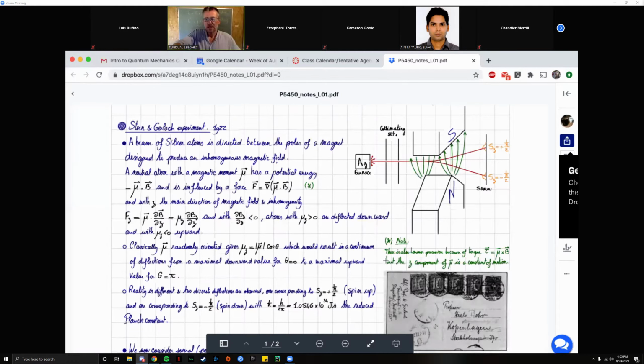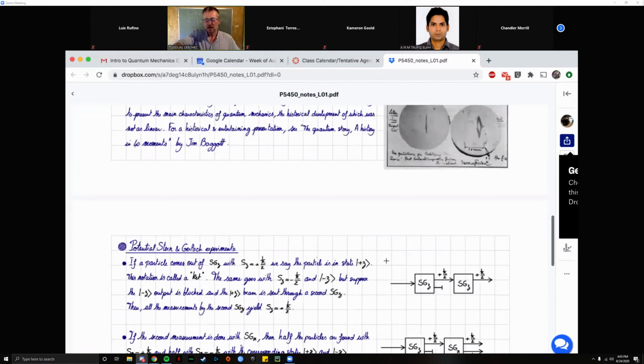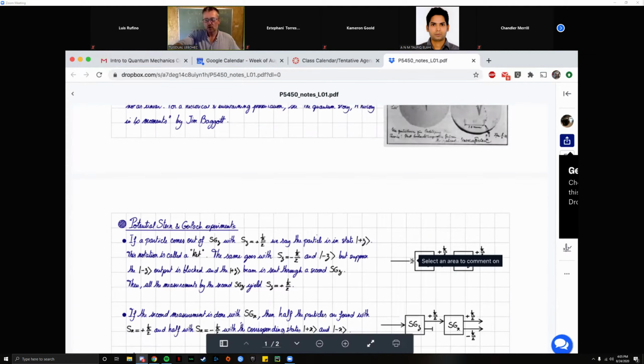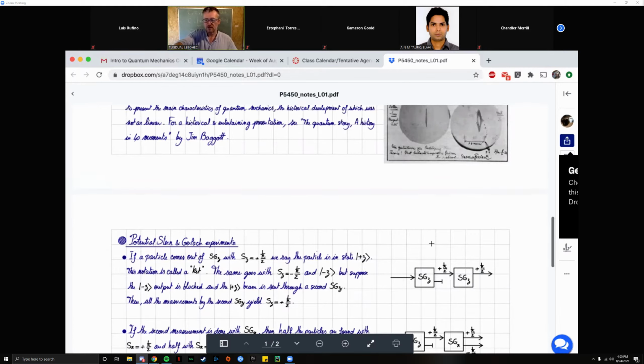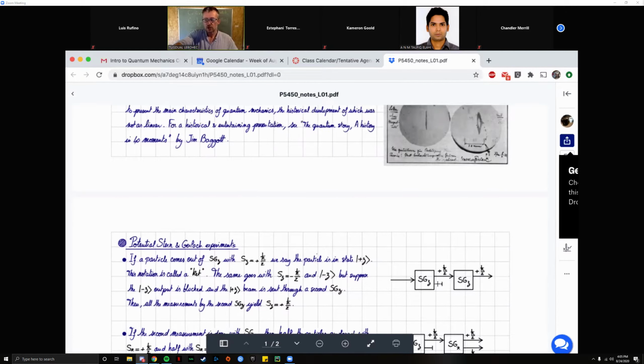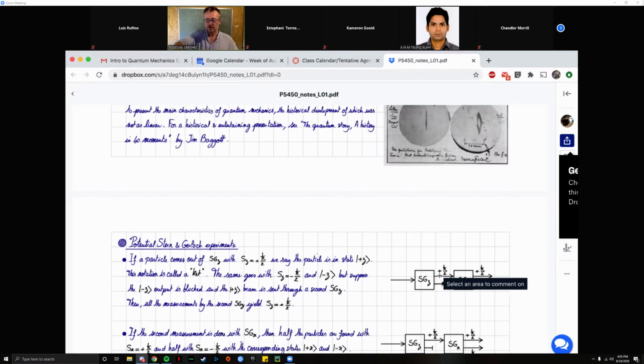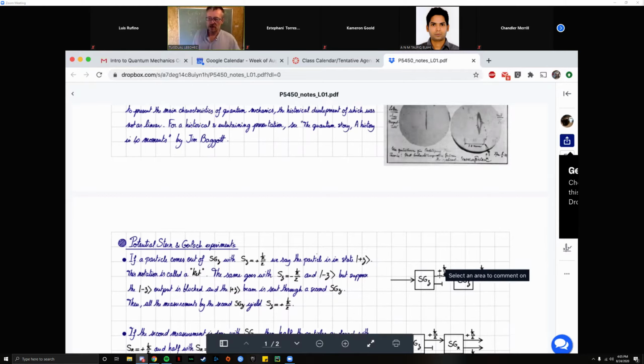And so we would have atoms arriving, their magnetic moment presumably oriented in a random direction. And some atoms will be found, that's the Stern and Gerlach result that is illustrated in this picture here. Some atoms are found with angular momentum pointing down. Some atoms are found with angular momentum pointing up.